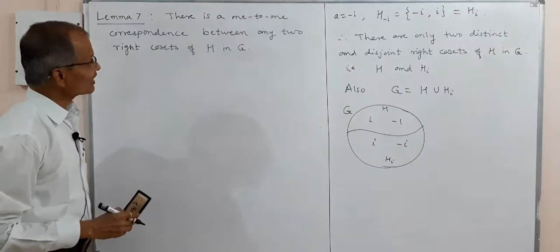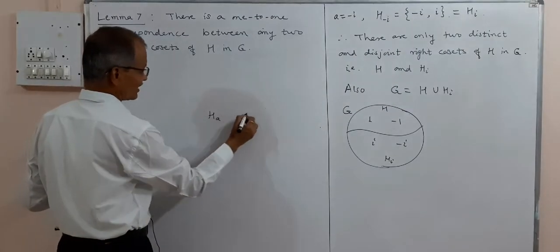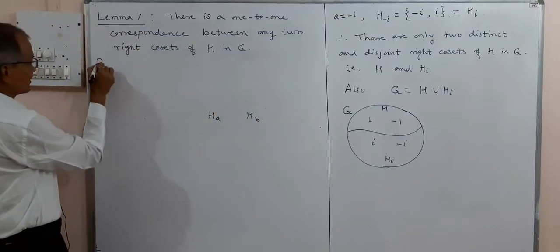Now we may consider two right cosets of H in G as Ha and Hb. So we write the proof.